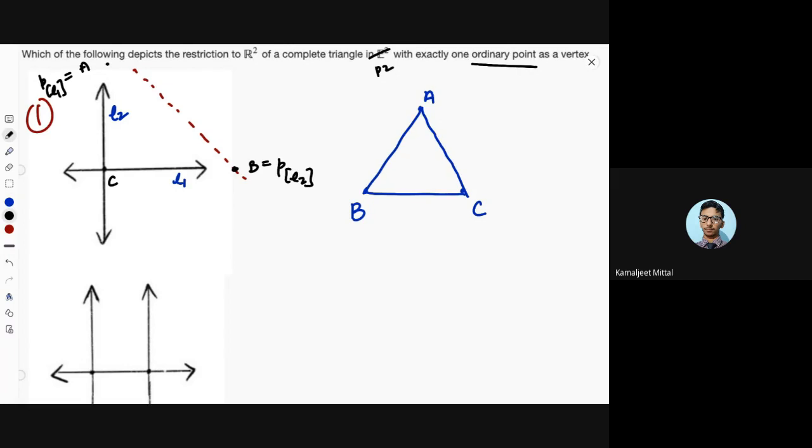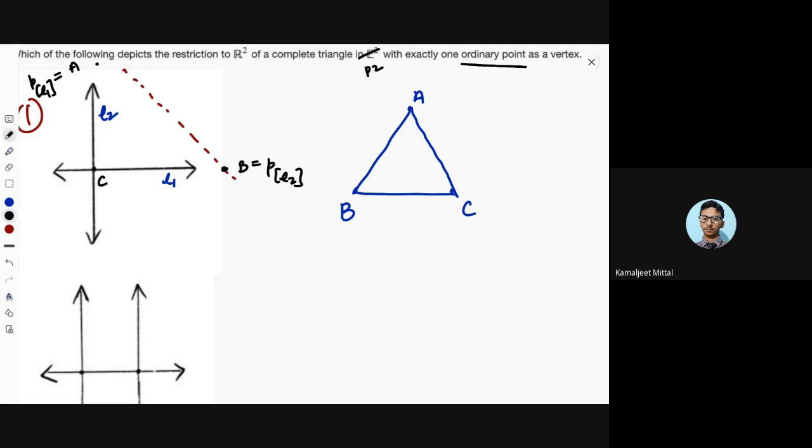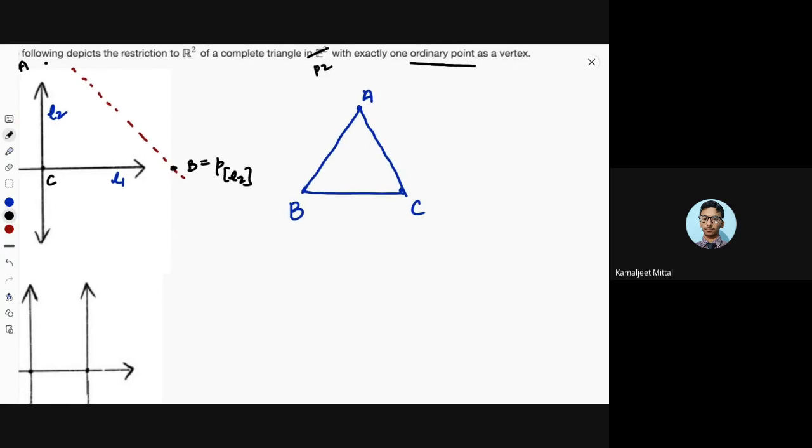So am I clear on this? There are two things to understand. First, whether this first diagram is a triangle or not. We have seen that because it has three vertices and three edges, it's a triangle, but in P2, not in R2. Now the second question is, does it answer our question?